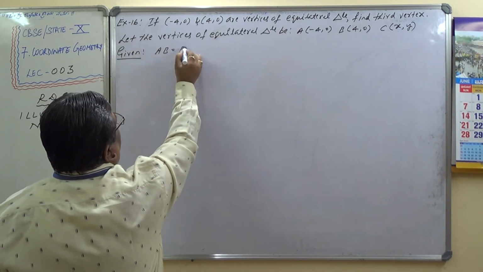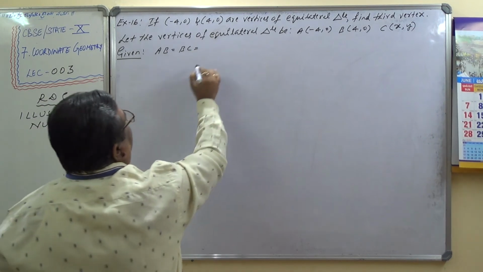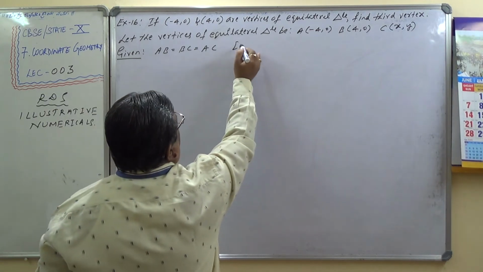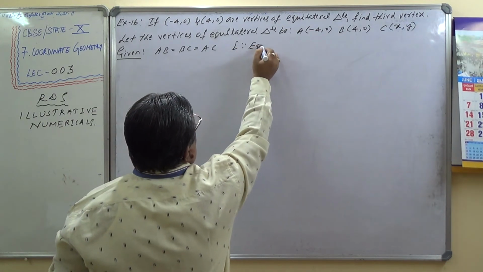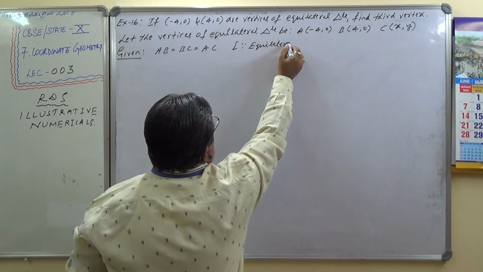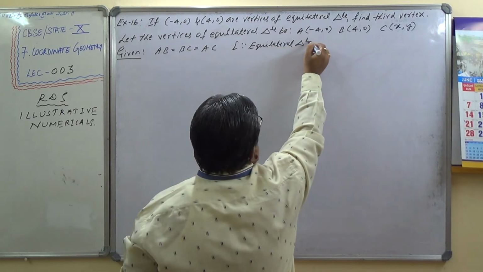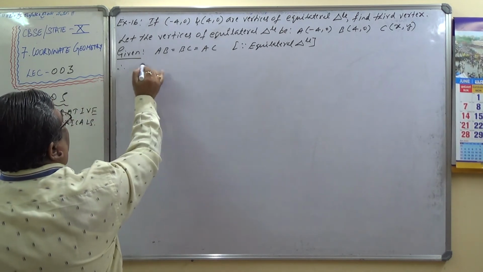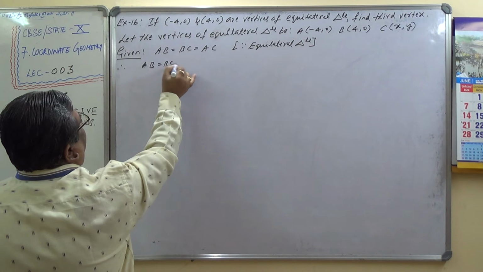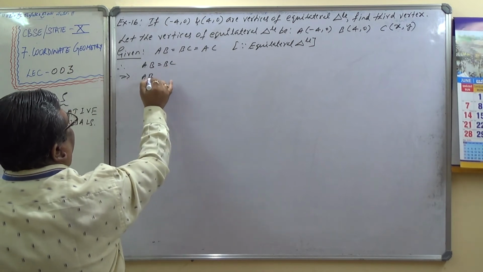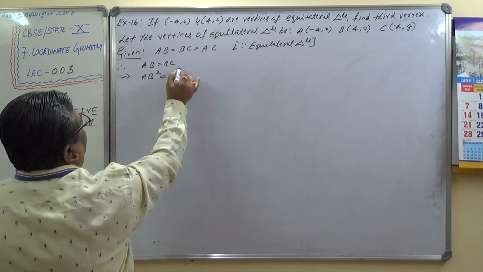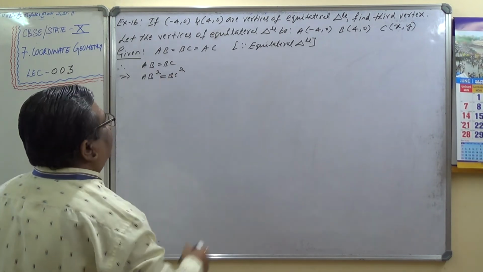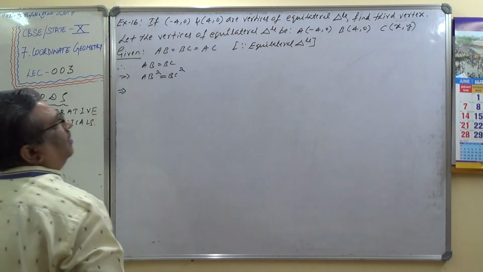AB equals BC equals AC. Why is it so? Because it is an equilateral triangle. So AB equals BC implies AB square is equal to BC square. What is AB square here?